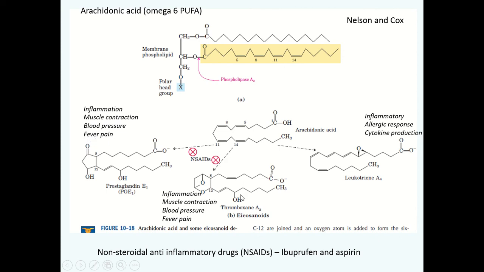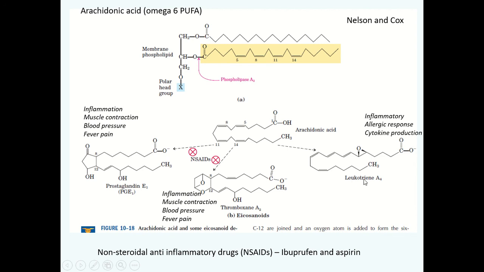Another important group of compounds which are produced through arachidonic acid are called thromboxanes. They're produced by enzymatic reactions, and they also regulate several important physiological functions, including inflammation, blood pressure, muscle contraction, and other related processes.